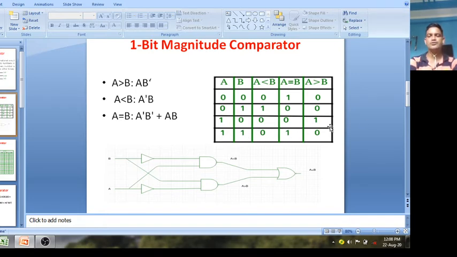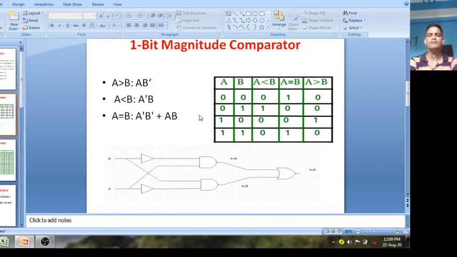So from the truth table you can see here a equal to b: 1 0 0. It is nothing but the truth table of the XNOR gate. Why is the XNOR gate called a coincidence circuit? When both inputs are the same, either 0 0 or 1 1, the output is 1. So the a equal to b expression will be a dash b dash plus ab.